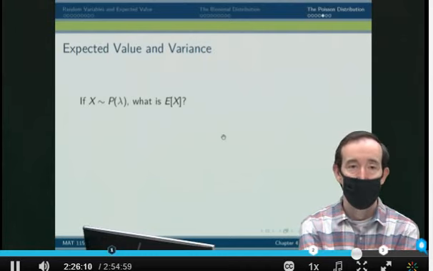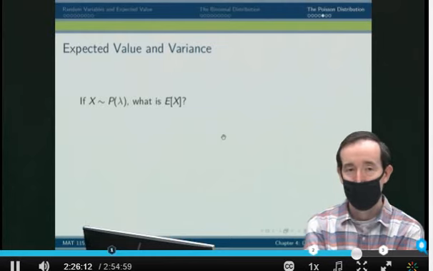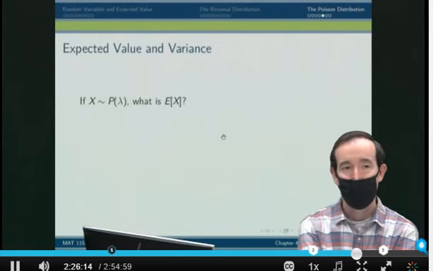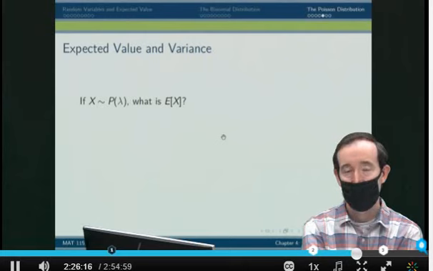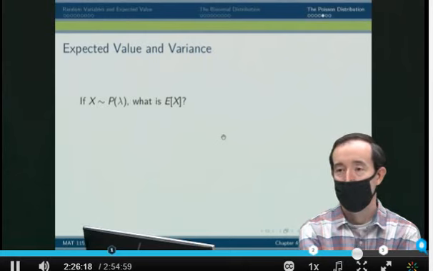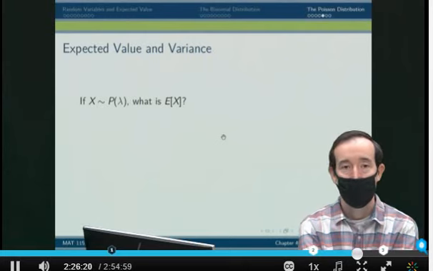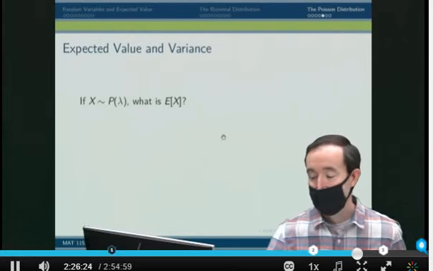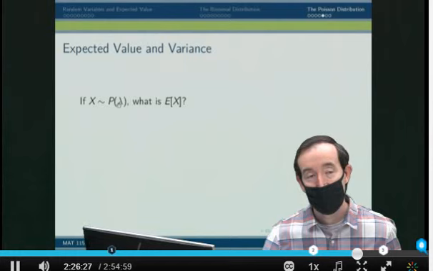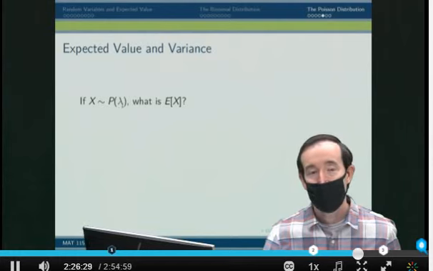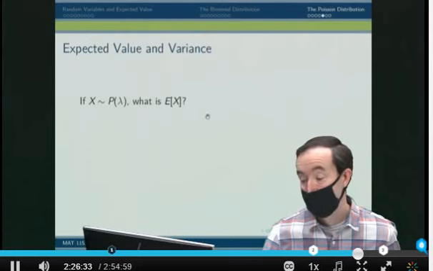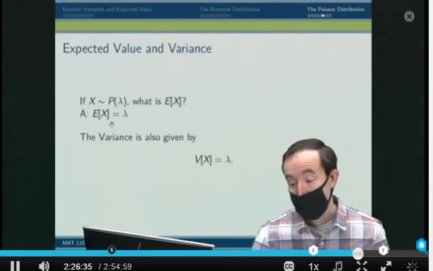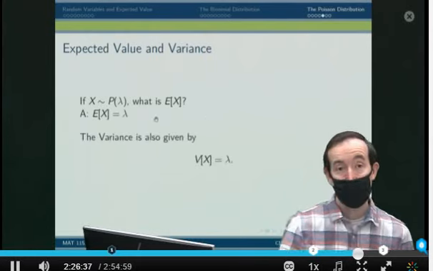Out of 100 volts, how many would we expect on average to be defective? 1.5. It's the same reasoning. And in fact, this lambda is our long-run expected average. It's always going to be equal to the expected value. Okay? So the expected value for a Poisson distribution is lambda.